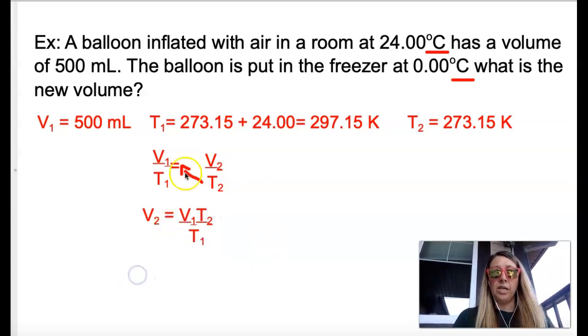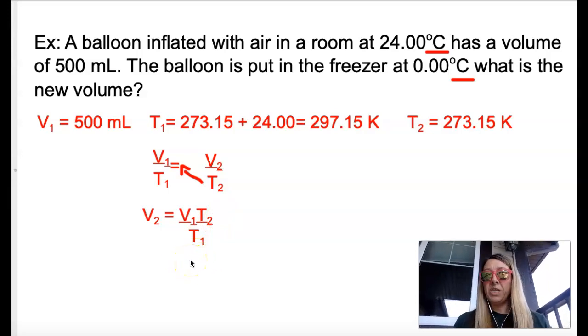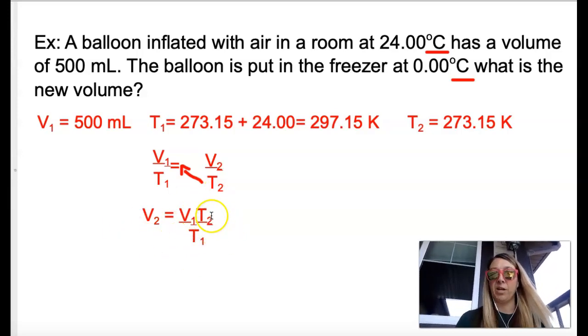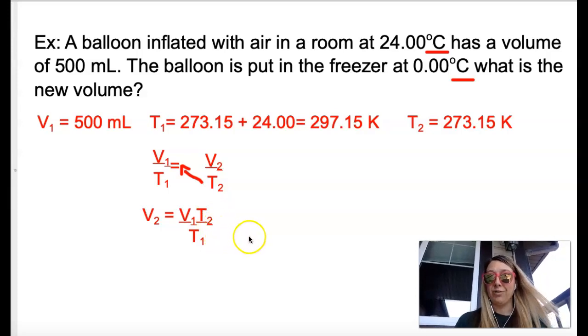Okay, so there's our equation: V2 equals V1 T2 over T1. You have to be careful twice with this. You have to be careful in rearranging that you put the T1 and the T2 in the right spot. You also have to be careful in subbing in that you actually put T2 in here and T1 down here.